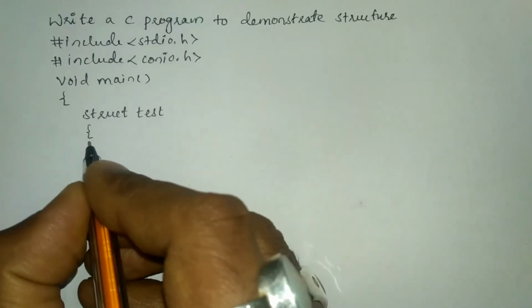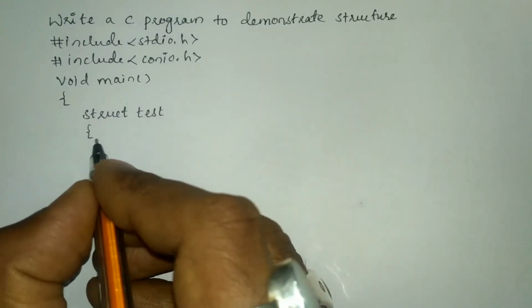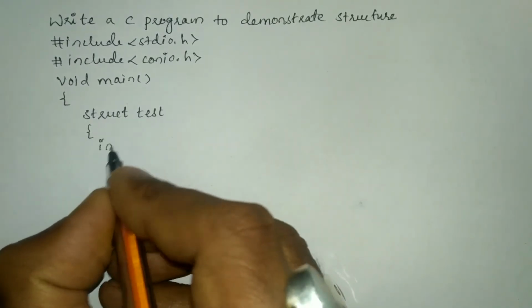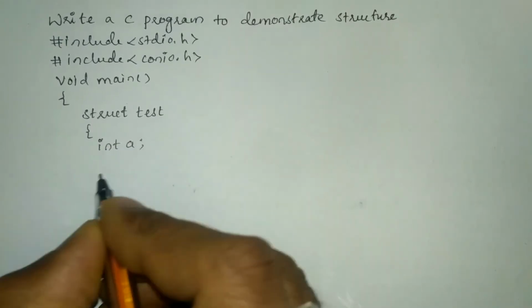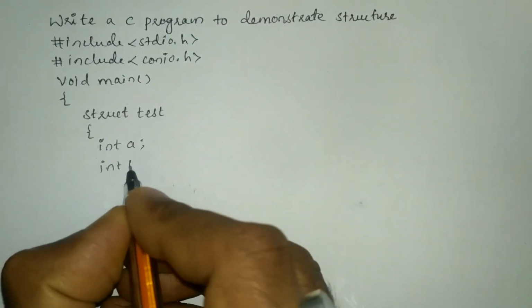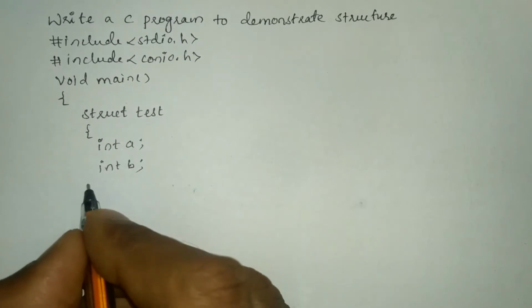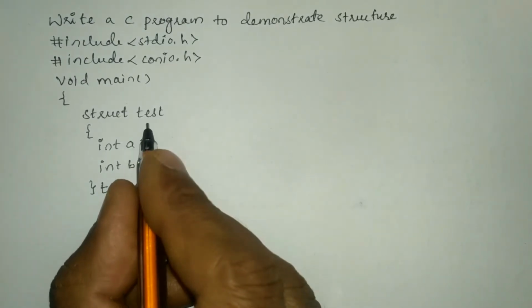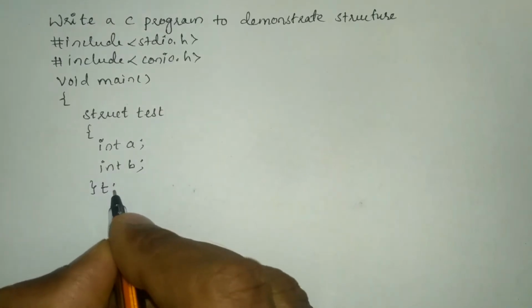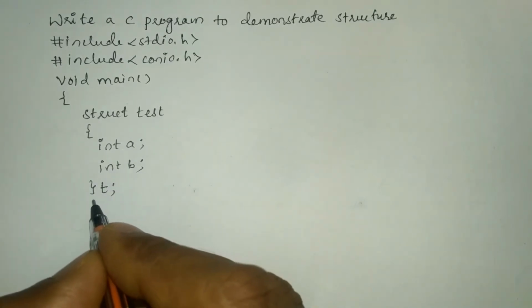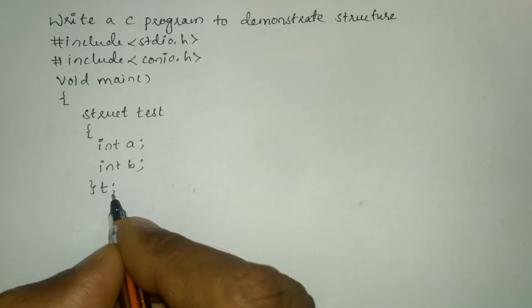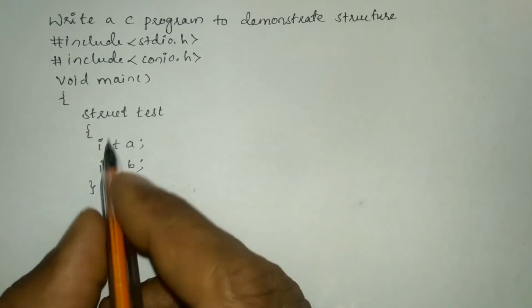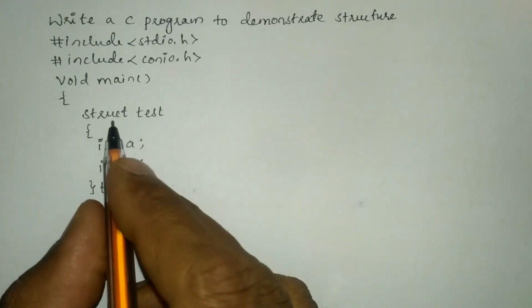Curly open brace indicates the beginning of the body of a structure definition, and now I'm going to declare two variables, int a and int b, curly closing brace, and here I'm going to create the object of this test structure type, t, and put a semicolon. Whenever we put a curly closing brace and semicolon, that indicates the termination point of the definition of a structure.